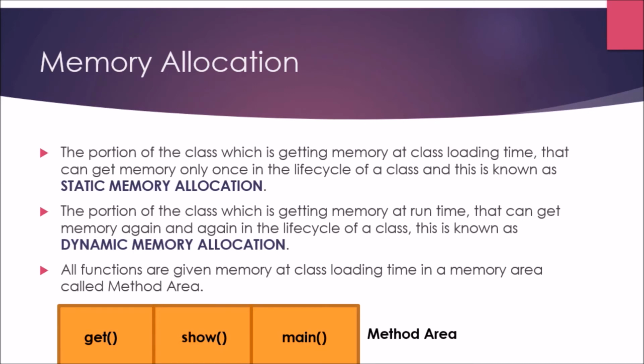It can go to the main function and see what values you have given for the name or the salary data members of different objects. But that is not the case for applications in production at big companies. It will not have prior information of the data members and their values, and how many objects are created. So that portion of the class will be given memory dynamically.